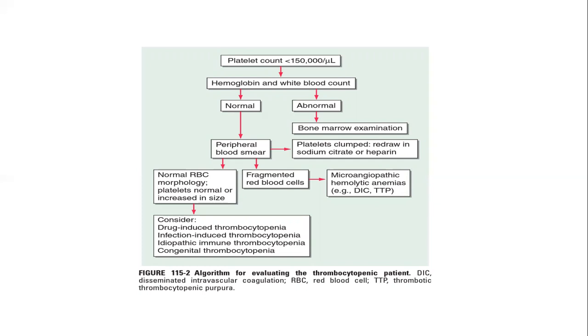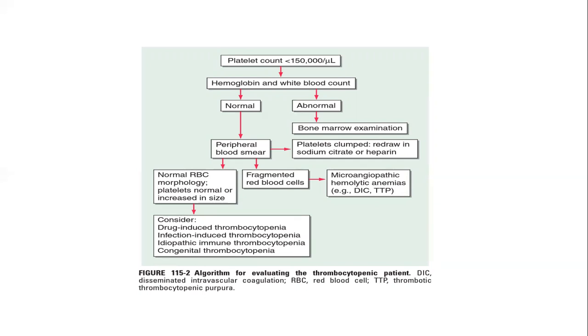In peripheral blood smear, if the RBCs are of normal morphology and the platelets are normal or increased in size, we can consider drug-induced thrombocytopenia. So, drug-induced thrombocytopenia can be considered with normal RBC morphology and with the platelets normal or increased in size.